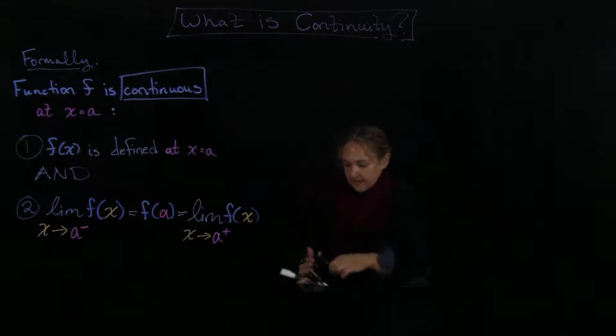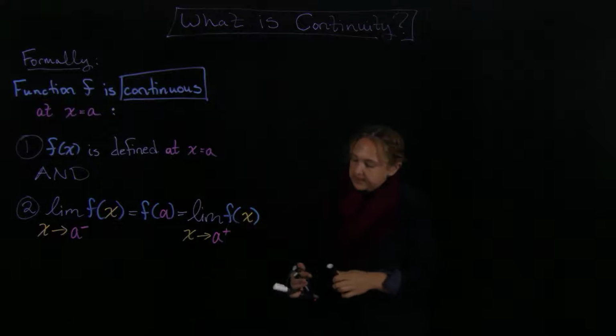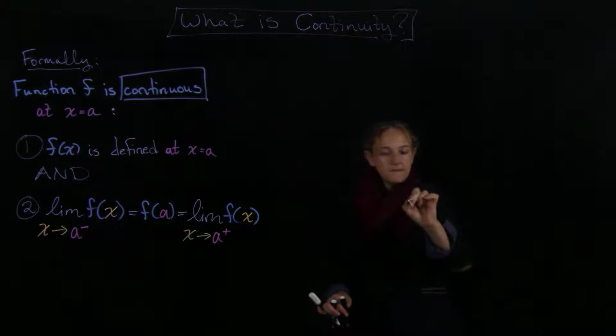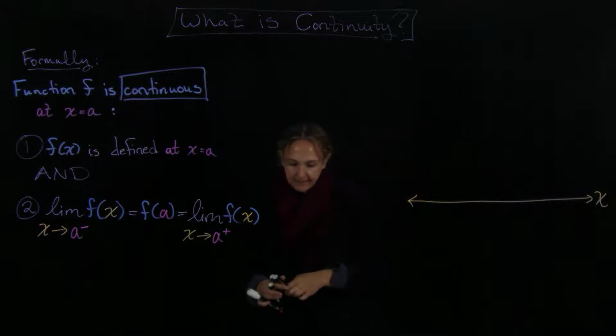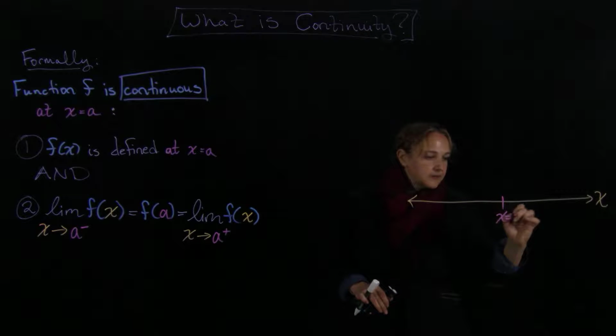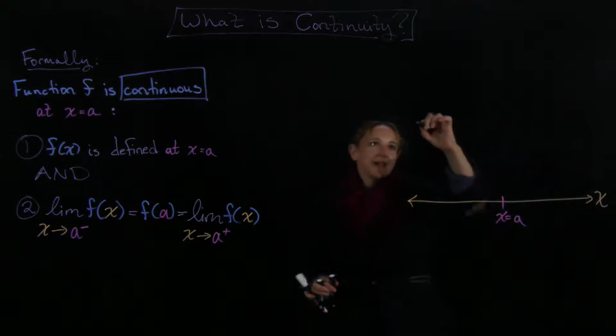Okay, now what is the picture of this? Let's say we have our x-axis here. And just for simplicity, I'm going to write x equals a here, and pretend that the entire graph of the function is above the x-axis. It doesn't really matter.